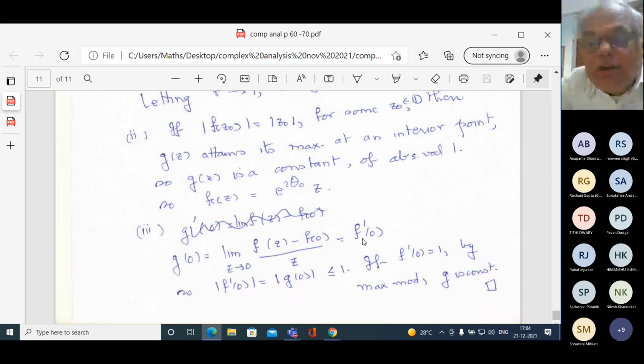Okay, so there are more and more souped up versions of the Schwarz lemma. Some of them are quite important, and they're given in this book, Stein and Shakarchi. Please have a look at those, and you will understand that even these souped up versions are not fundamentally different from this Schwarz lemma that we have done right now.